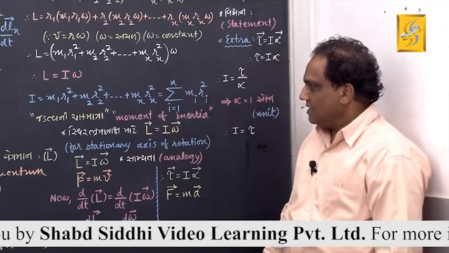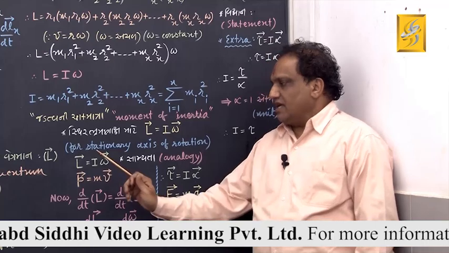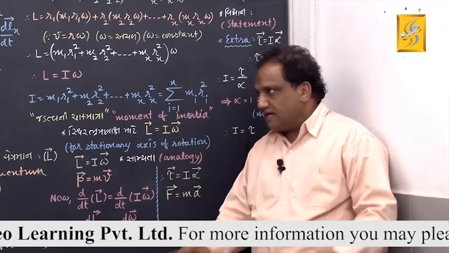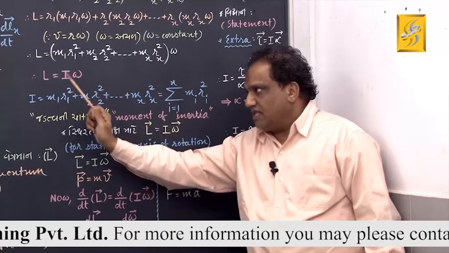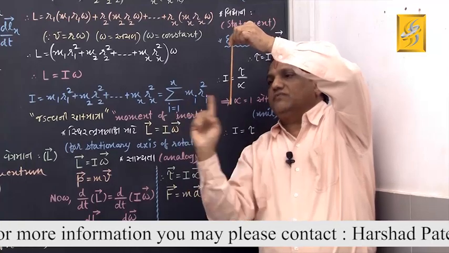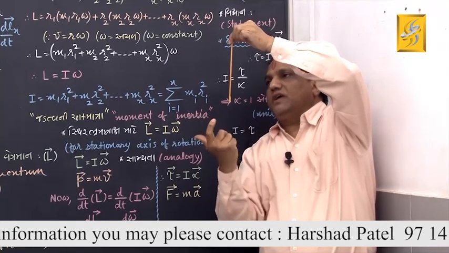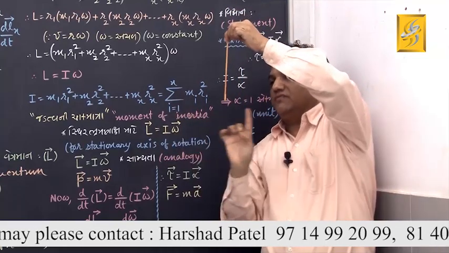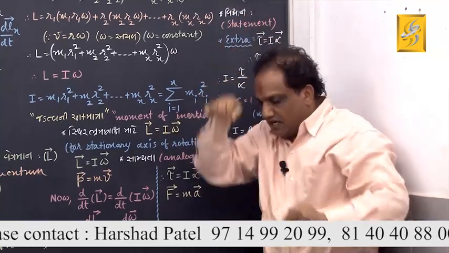Now tell me, in the case of rotational motion about a stationary axis of rotation, we find that these two are vectors. Not only that, they are in the same direction. If the rotation is this way, then vector omega and vector L both come out vertically upwards. If rotation is the other way, both vectors come out vertically downwards.